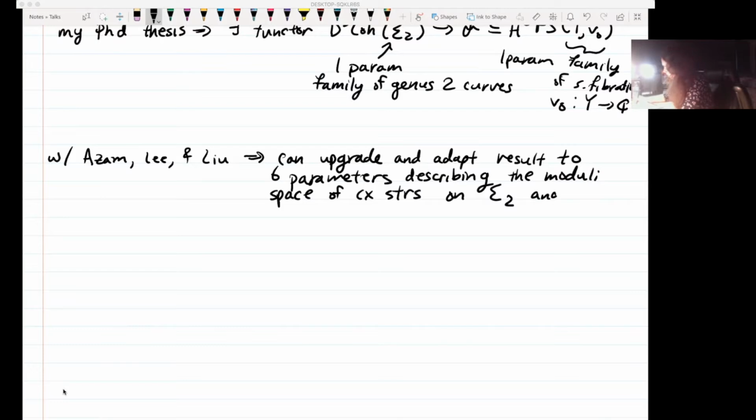And correspondingly, this also means we're varying the symplectic structure on the mirror symplectic fibration.